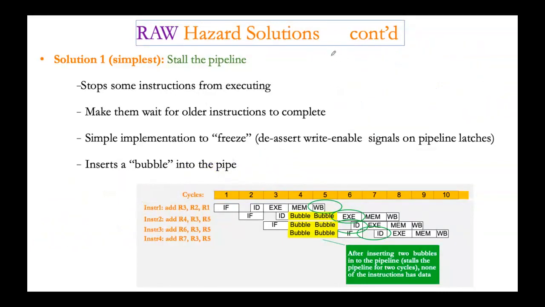Now instruction 1 is, suppose, add R1, R2, R3. Then R4, R5, R6, add R7, R4, and R8.